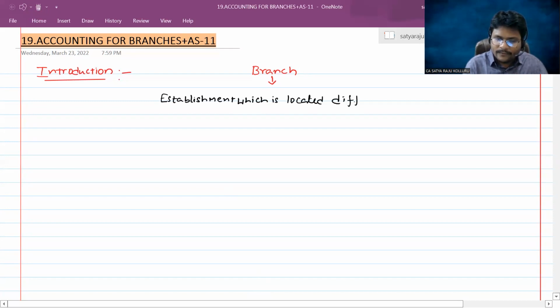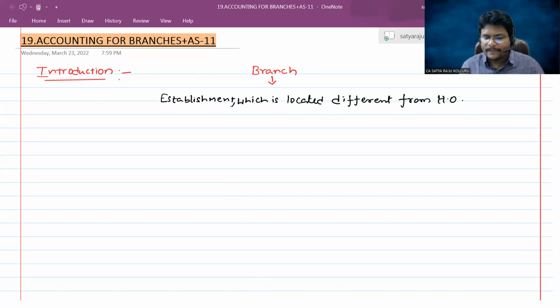So branch is an establishment which is located different from head office. That's it. Such a simple definition we can give for the branch.